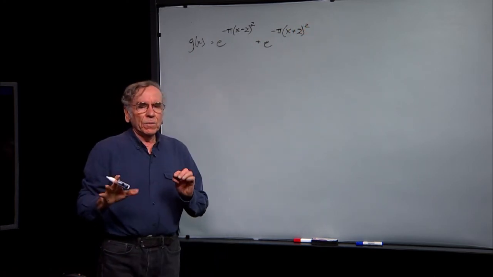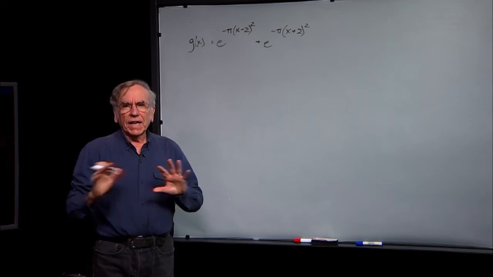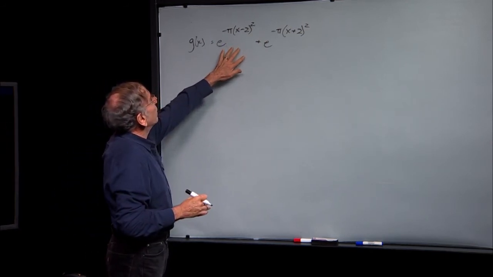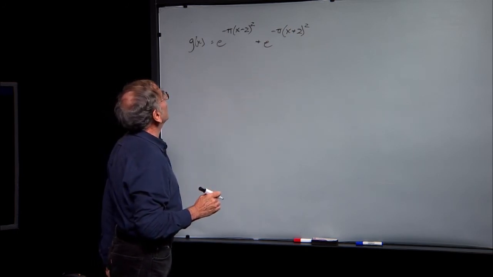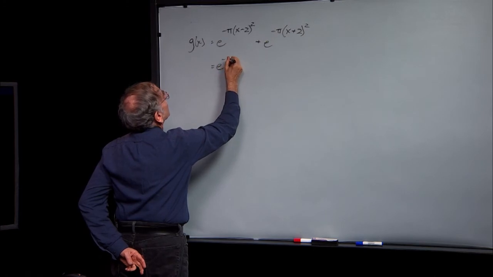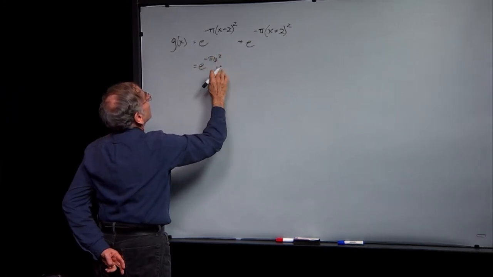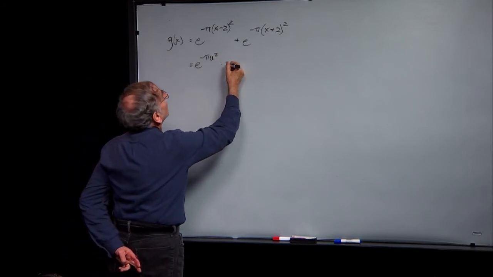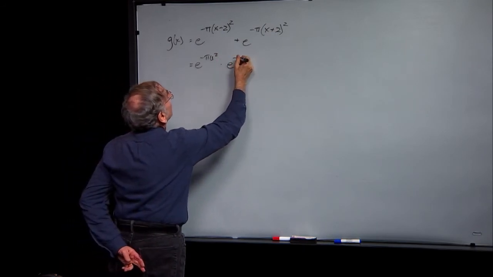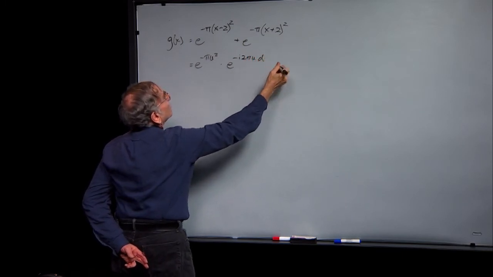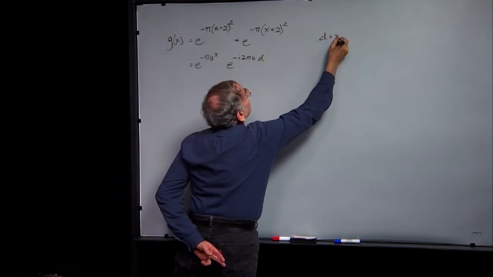And we know what the Fourier transform of a Gaussian function is. It's a Gaussian, but we need to invoke the Shift Theorem because we've shifted these away from the origin. So this first one looks like e to the minus pi u squared times the shift phase term, which looks like e to the minus i 2 pi u d, where in our case d happens to be 2.